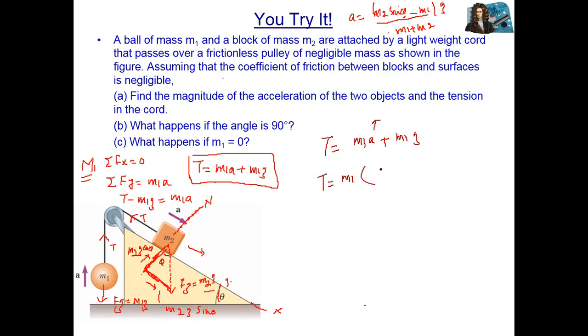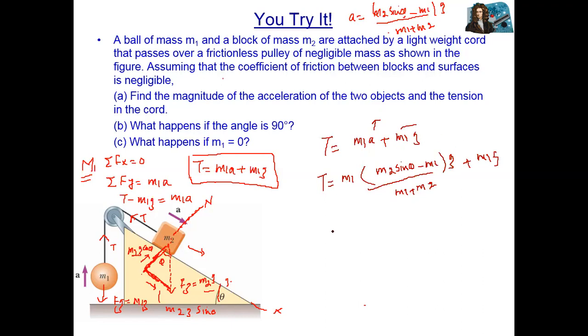What is the value of A? A is M2 into sine theta minus M1 divided by M1 plus M2. And we have also G here. So G plus M1G. This one is A value plus M1G.